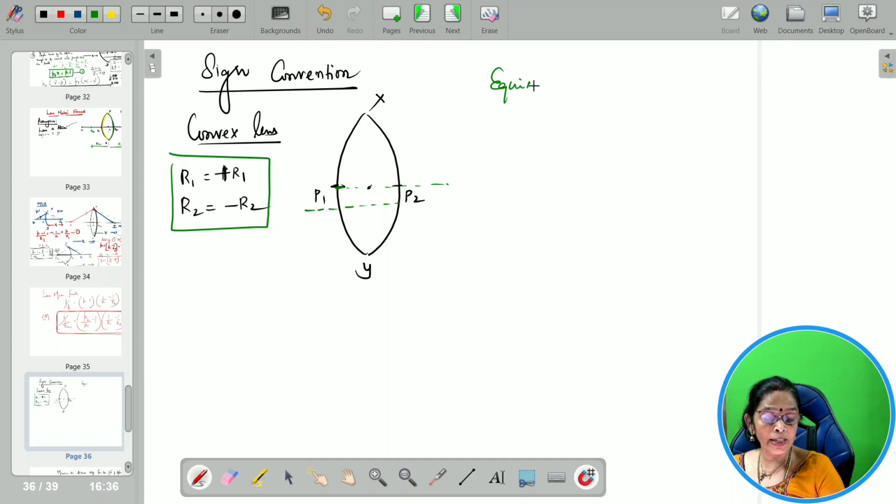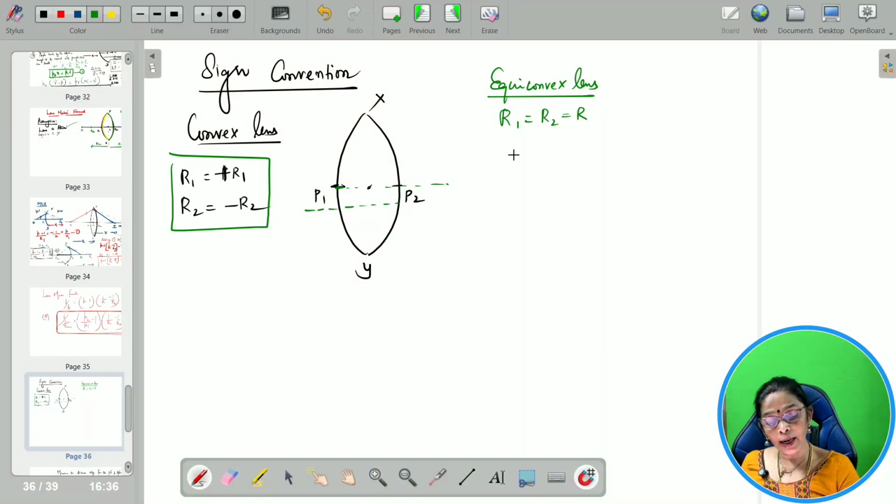Next is the equiconvex lens. When you take an equiconvex lens, the radius is the same: R1 is equal to R2 is equal to R. So I can write R1 is equal to plus R and R2 is equal to minus R. Got it? For the equiconvex lens, the equivalent radius.